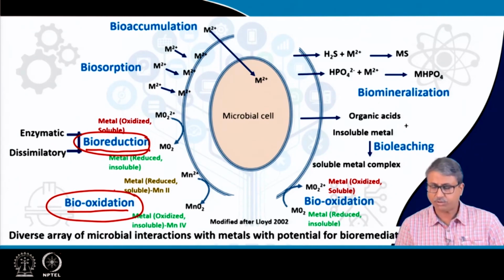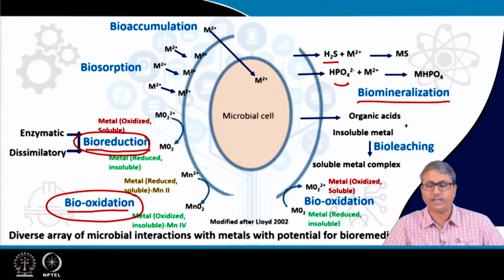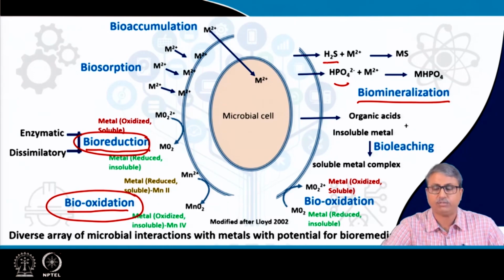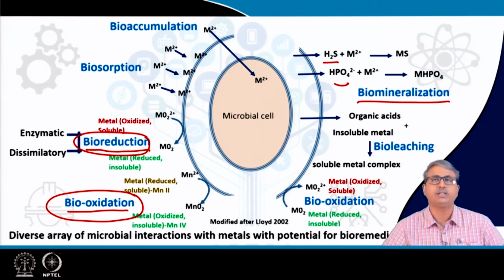There is another process which is also very interesting and gaining importance, biomineralization, where microorganisms release a number of ligands like phosphate or H2S. For example, sulfate reducing bacteria produce sulfides, and these sulfides could react with metal ions, and the metal sulfides precipitate.